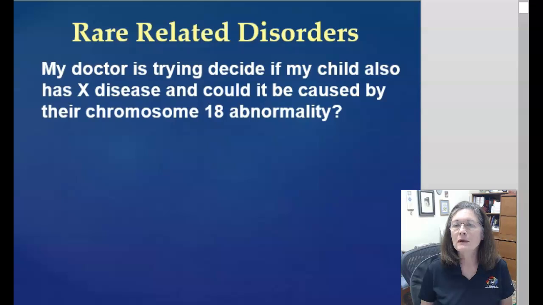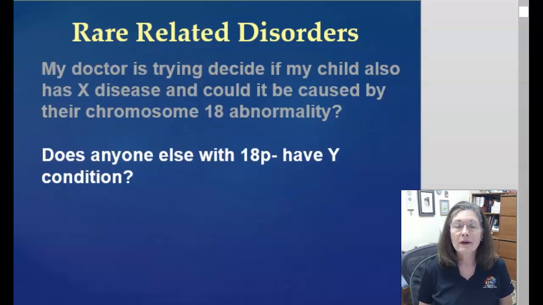And so for example, my doctor is trying to decide if my child also has disease X, and could it possibly be related to their chromosome 18 abnormality, or is it completely different, unrelated, and it gets treated just like anyone else with condition X. Or we also get questions like, does anyone else with 18p minus have a Y condition?